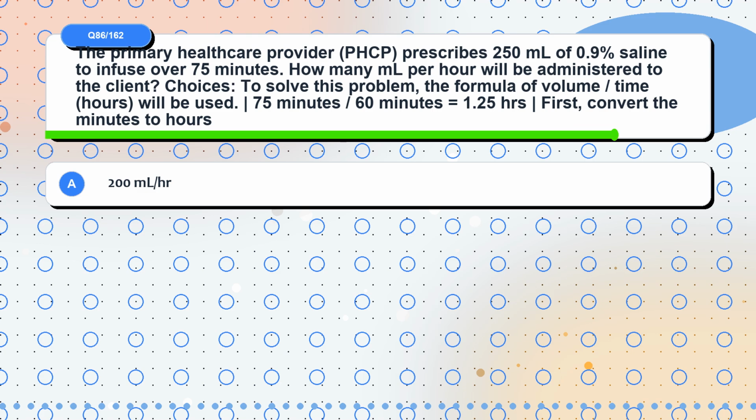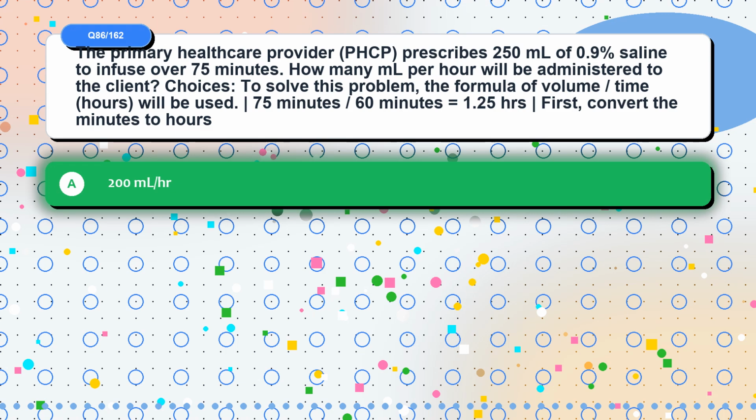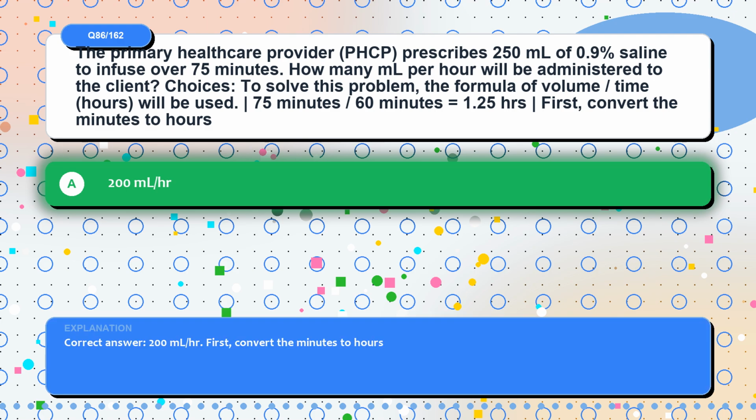Here are the options. Option A, 200 ml/hr. The correct answer is option A, 200 ml/hr.